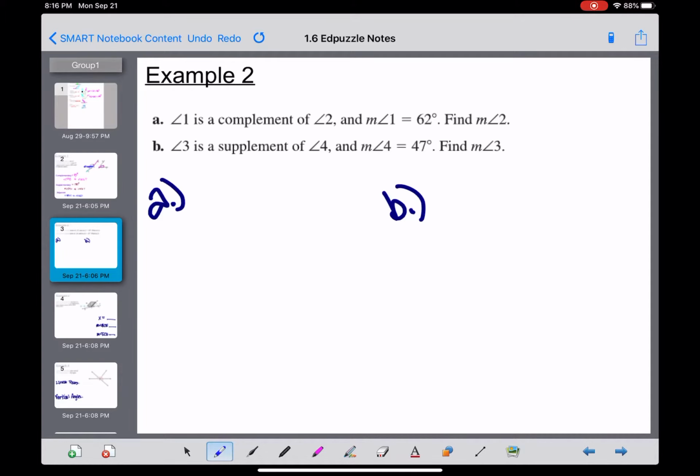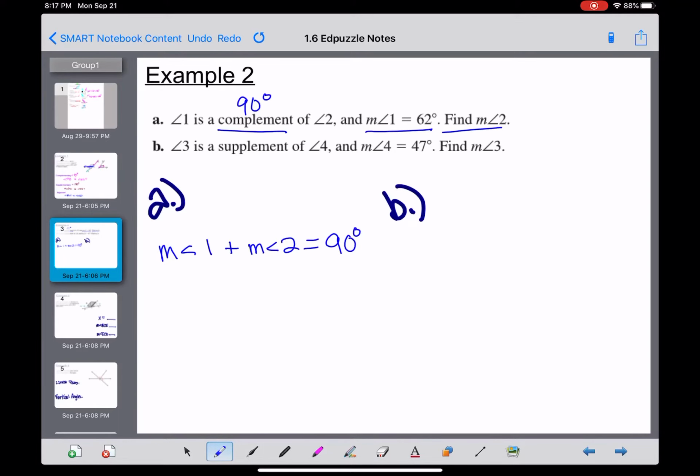We're going to use this idea of complementary and supplementary to solve algebraically. For part A, angle 1 is a complement of angle 2. Remember, a complement is 90 degrees. If the measure of angle 1 is 62 degrees, find the measure of angle 2. When we add together the measure of angle 1 and the measure of angle 2, the sum is 90 degrees.